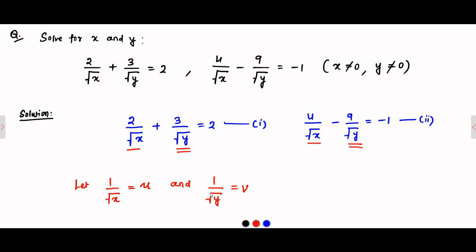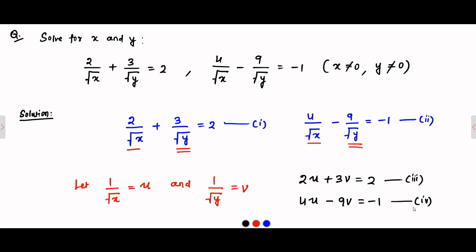Now we will make these substitutions in equations 1 and 2. So we will have 2u plus 3v is equal to 2. Let's call it equation 3. And 4u minus 9v is equal to minus 1.